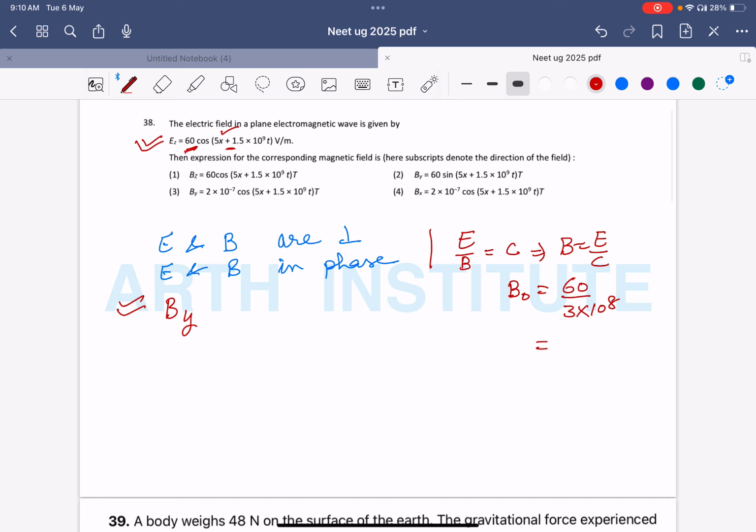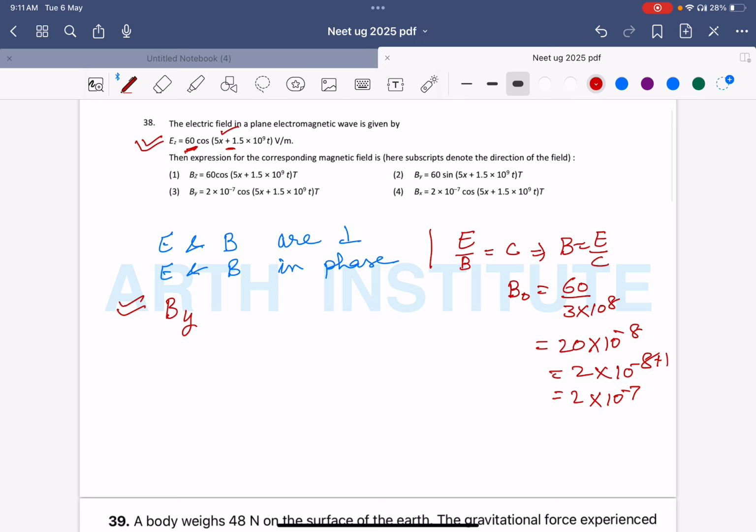So this will be 20 into 10 to the power minus 8, or 2 into 10 to the power minus 8. So this is 2 into 10 to the power minus 8 plus 1 over here. So this is 2 into 10 to the power minus 7. So you can see 2 into 10 to the power minus 7 Tesla is here and here.